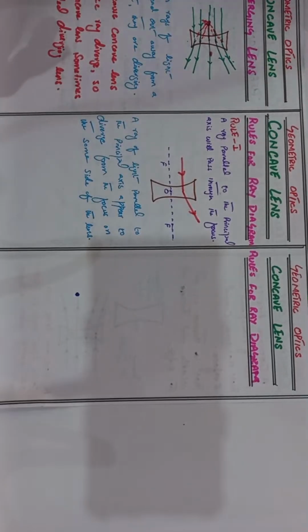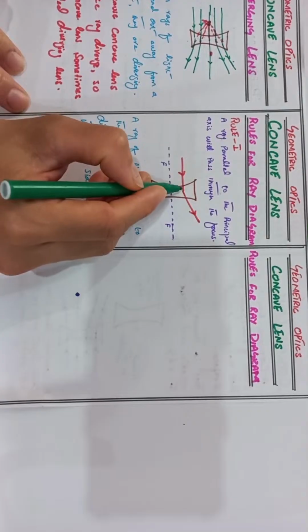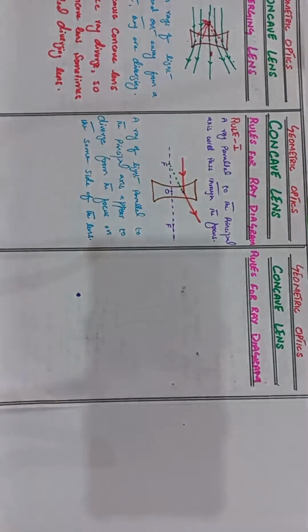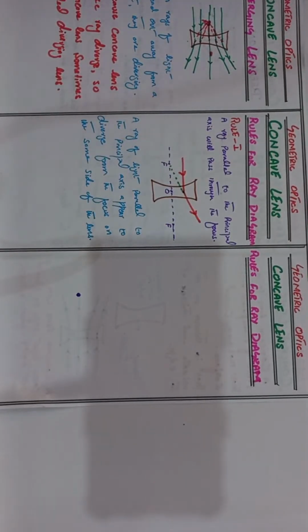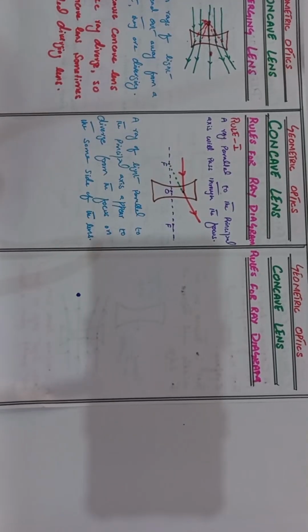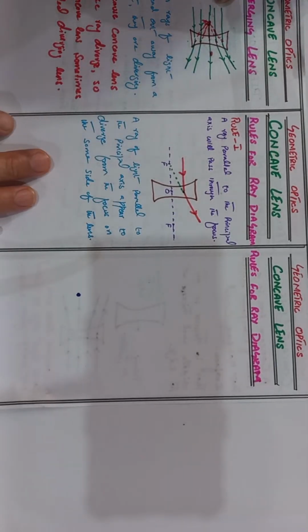If we trace the refracted ray backward, it looks like it is passing through the focus of the concave lens. That is the first rule of the concave lens: a ray parallel to the principal axis will pass through the focus. Now we discuss the second rule.